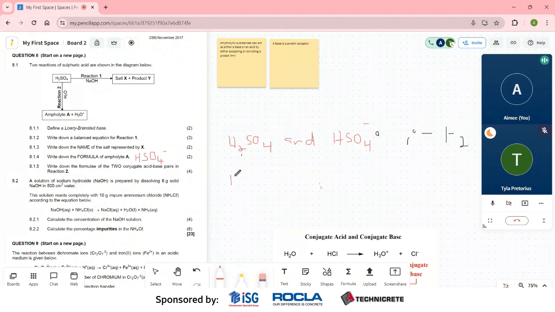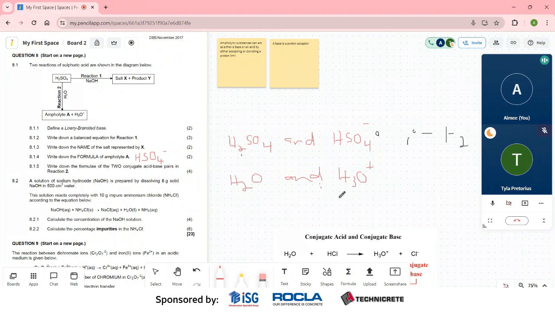Okay, and H2O and H3O positive. Why? This is our base and our conjugate acid. Why? Because H2O accepts a proton from H2SO4 to become H3O positive. So that's all you need to do. You just write HSO4 negative and H2SO4 and H2O and H3O positive.